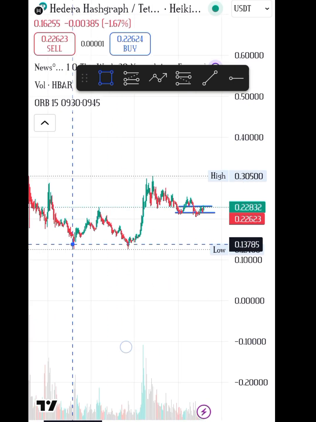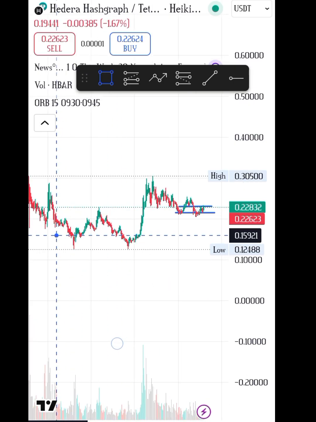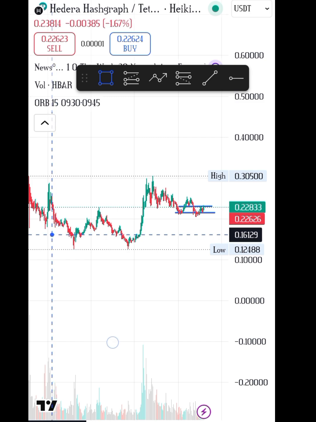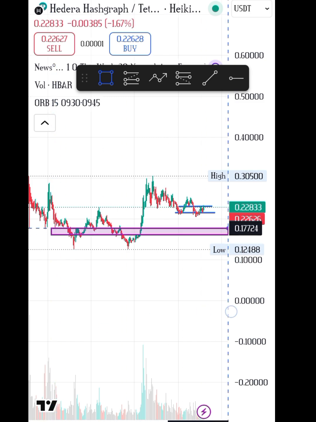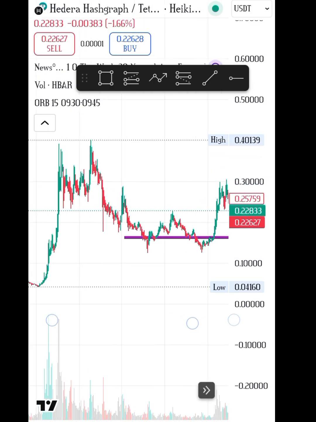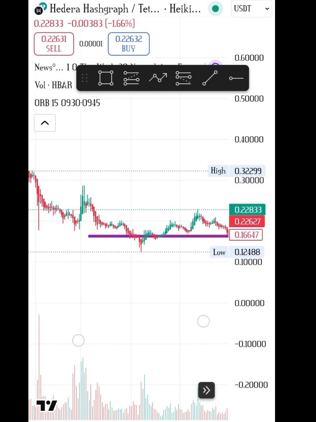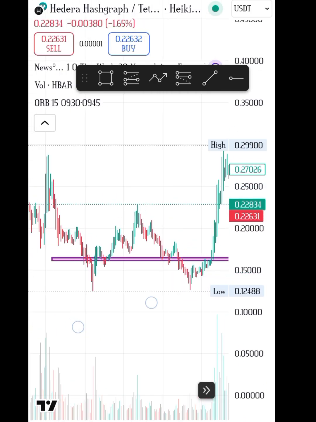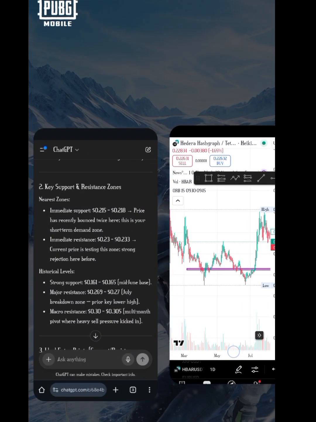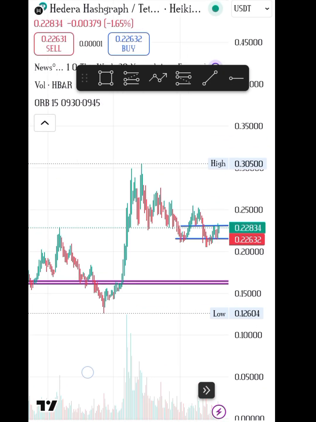Let me make it very tight. So according to it, 0.161 is, let me reconfirm, strong support.